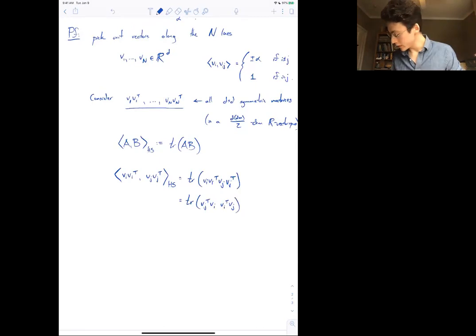And this new matrix I have here is a 1-by-1 matrix, so it's easy to compute its trace. It's its only entry. So this trace is just the dot product of v_i and v_j, squared, as normal vectors. And we know what this is. Well, we had a plus or minus alpha, but squaring that goes away, and the dot product is always alpha squared for i and j distinct.